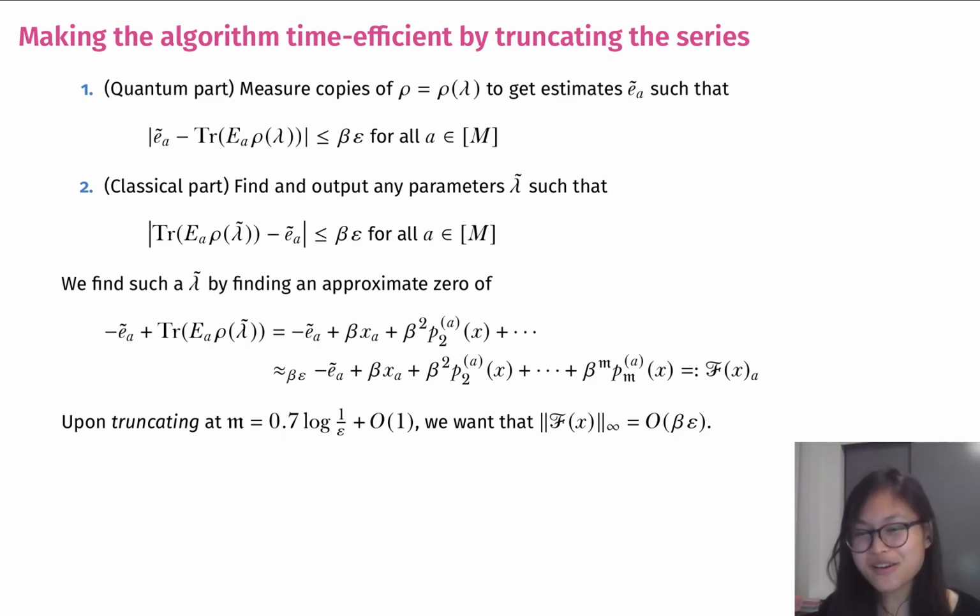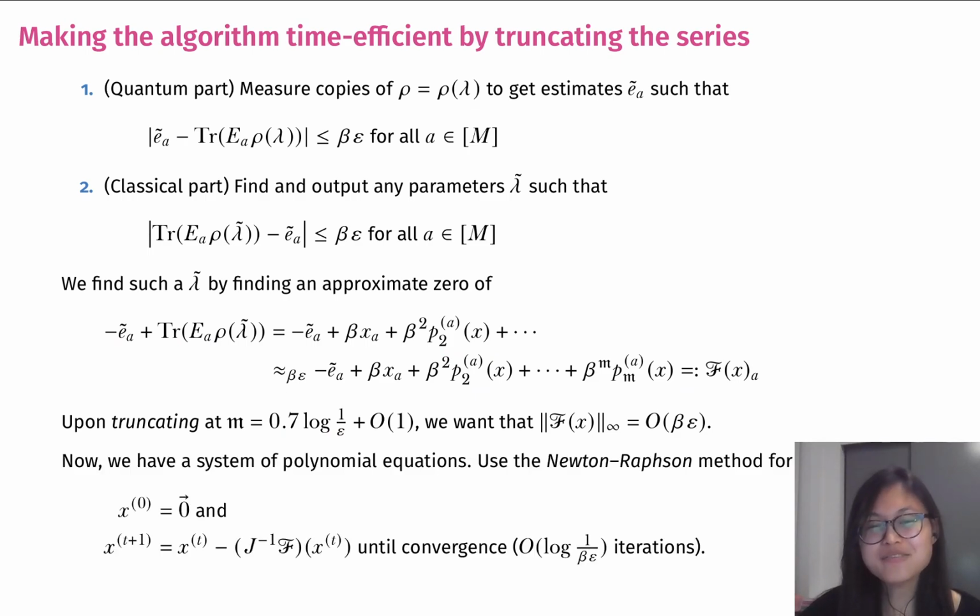And now this is just the task of finding an approximate solution to a system of polynomial equations. So we can just use standard methods like the Newton-Raphson method for root finding, which is an optimization method that will give you an approximate solution quickly. In particular, we show that it takes only a log number of iterations.